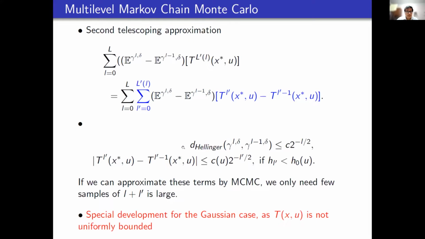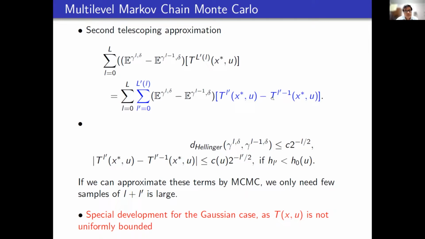So we have it as a summation, and L prime goes from 0 to big L prime L. Here you see that we have the difference of the numerical solution for the forward equation at two levels of resolution, L prime and L prime minus 1.